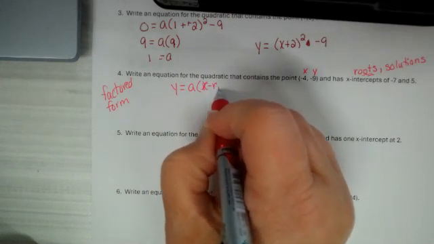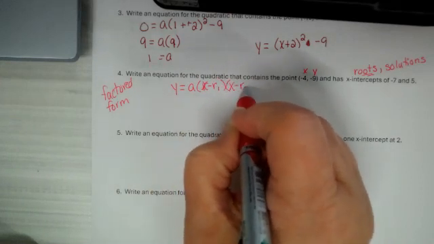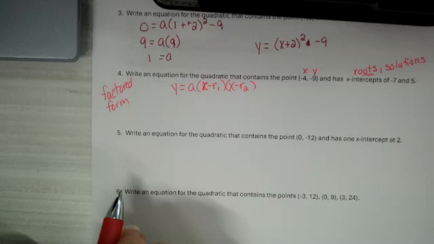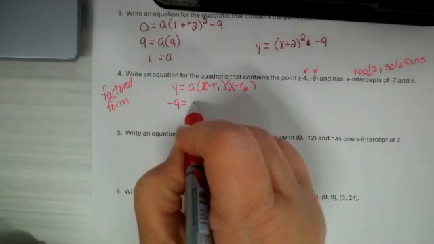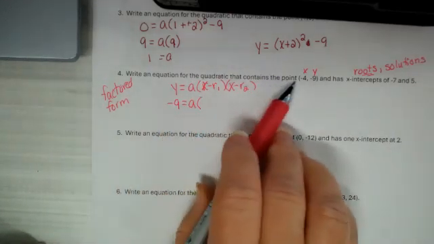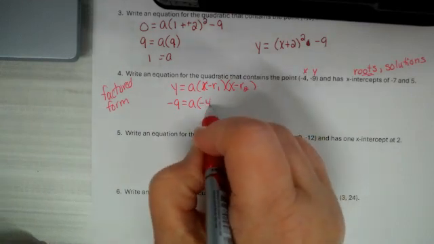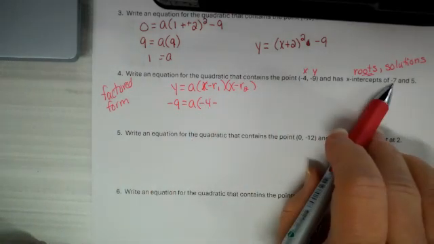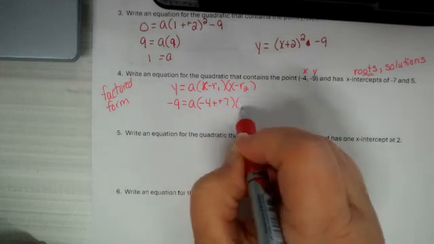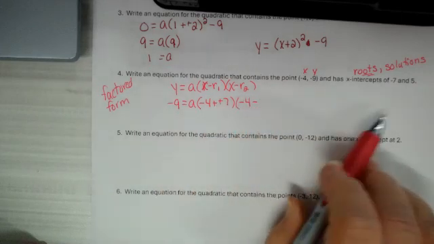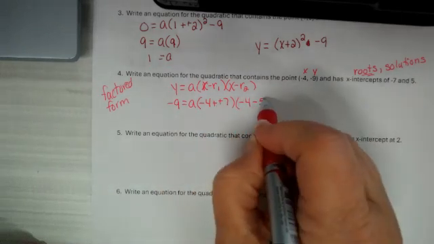It's x minus r1 and x minus r2. So we'll plug our numbers in. y equals a, a is still my unknown, x is -4, minus root 1, -7. So that's, of course, plus 7. -4 minus 5.